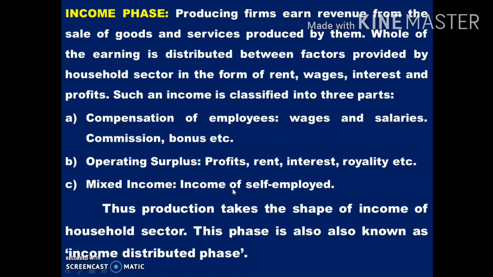Thus production takes the shape of income of the household sector. This phase is also known as the income distributing phase. So income has been distributed, and that is known as the income phase.